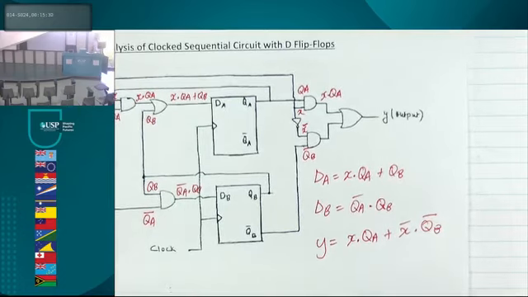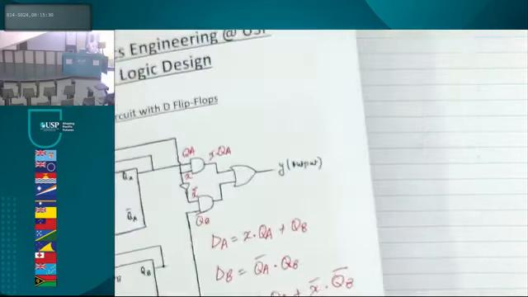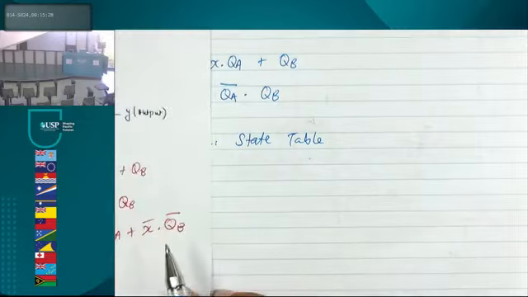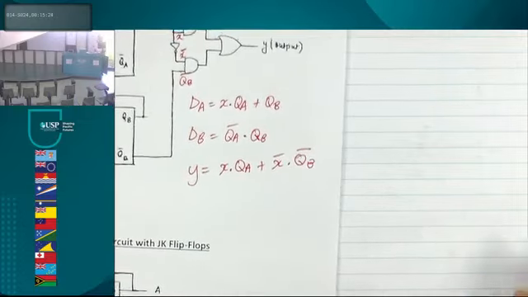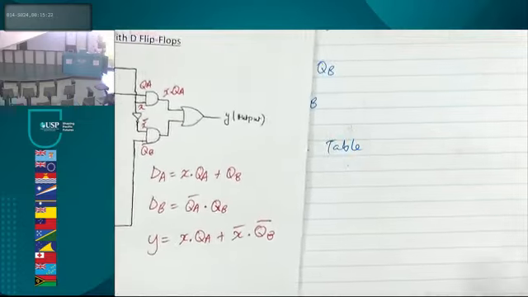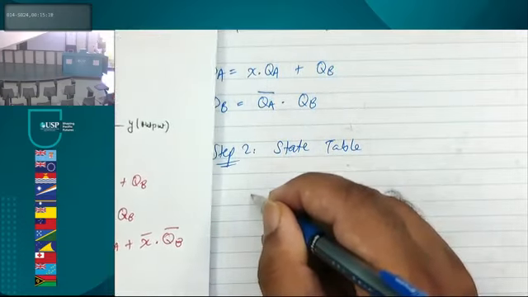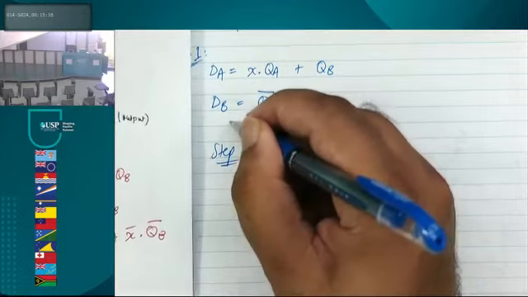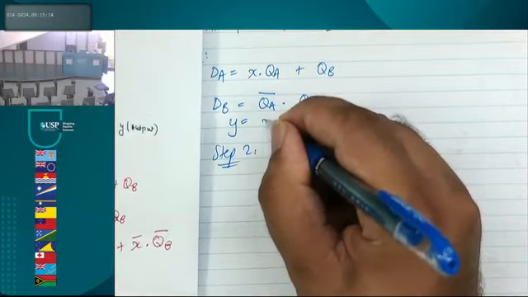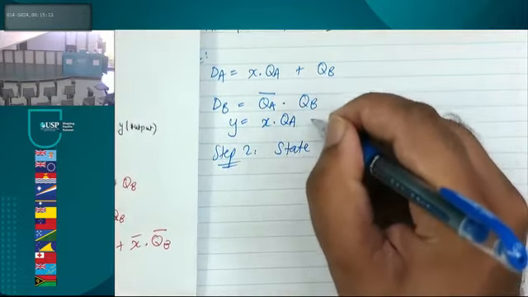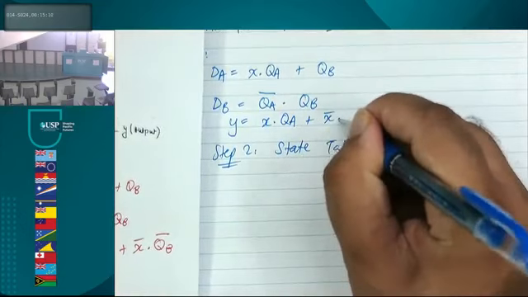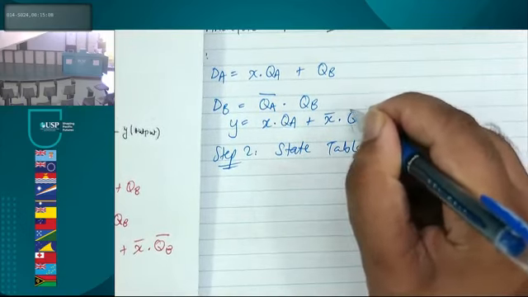Right? Yes, thank you. I totally missed that out. So over here, your Y will equal X and QA or X bar and QB bar.